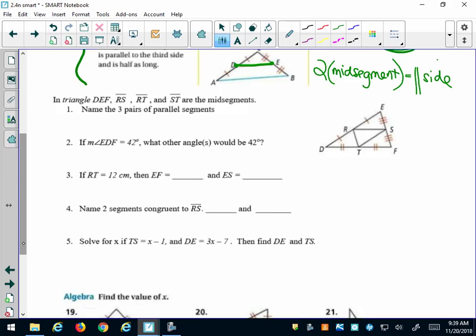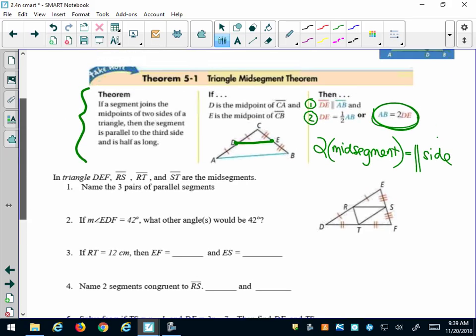All right, well, when we've learned about parallel lines before, what does that usually give us information about? When we have lines that are parallel, we're looking for what relationships? Parallel lines, did they give us information about side lengths?